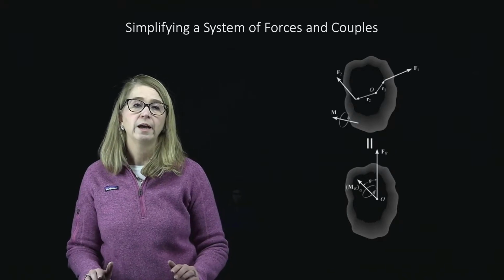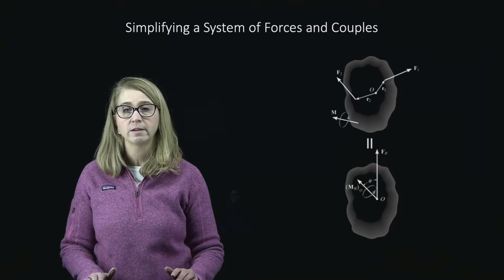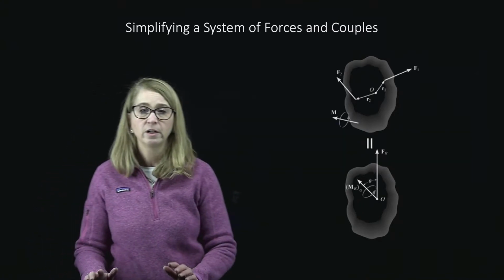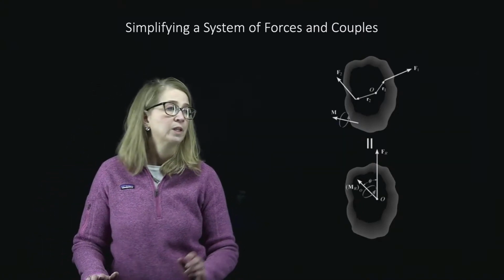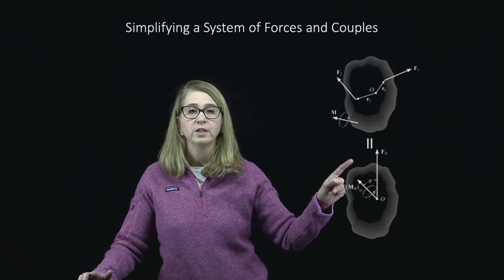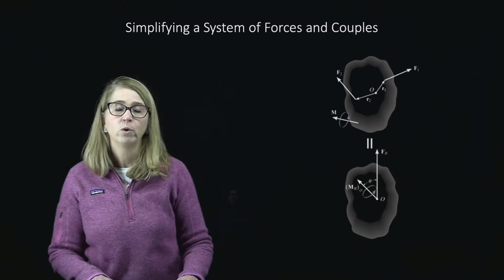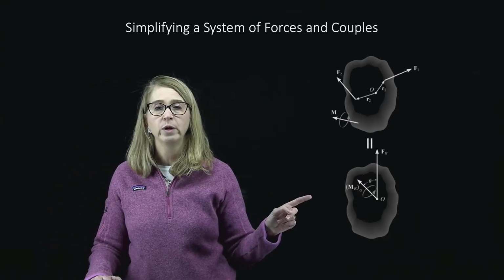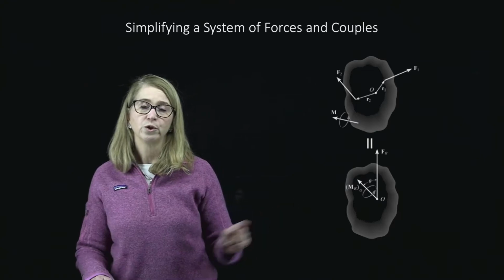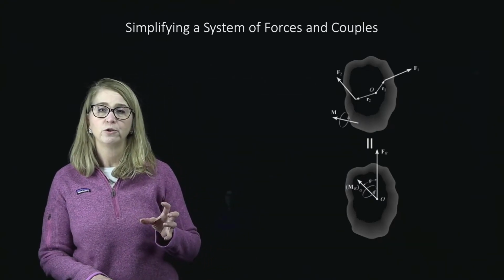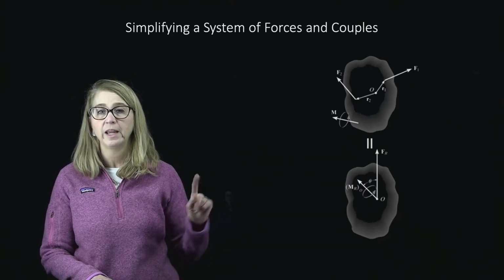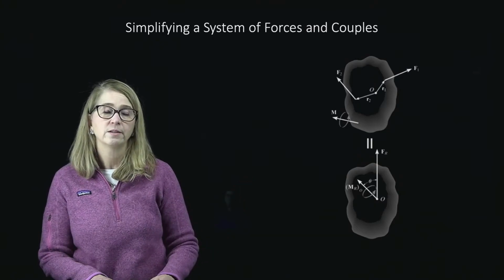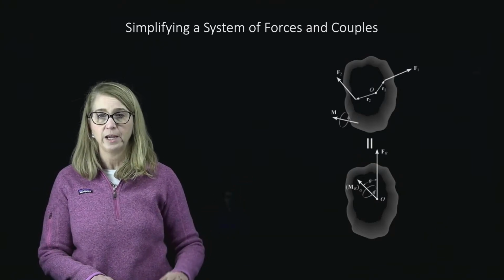So when we find the equivalent system, which consists of a force and a moment, the equivalent force is the resultant force of F1 and F2, and the resulting moment about point O would be equal to the moment created by the two forces, F1 and F2, and the couple that existed in the original case.